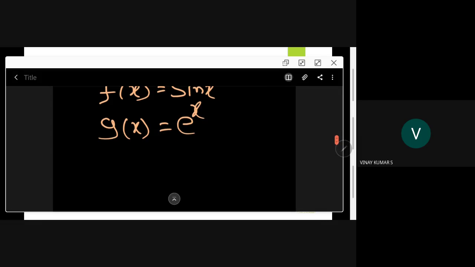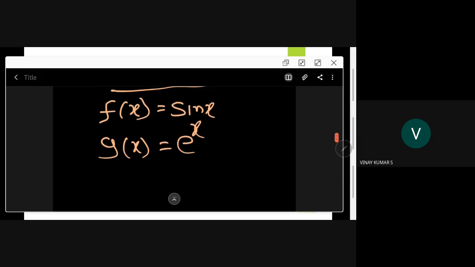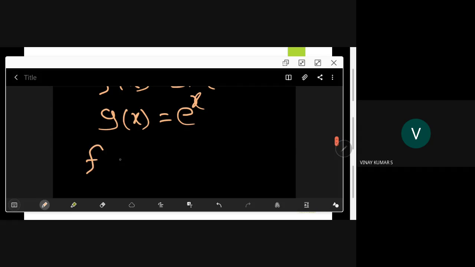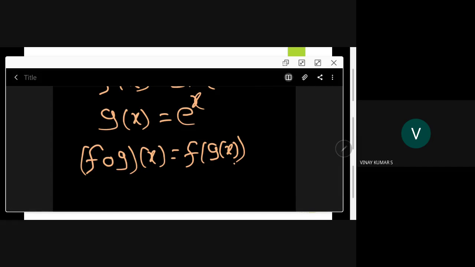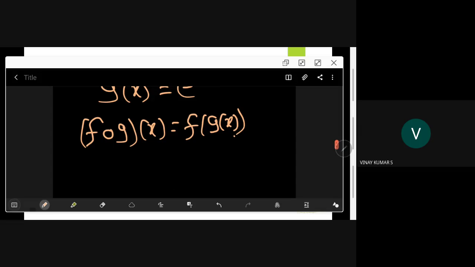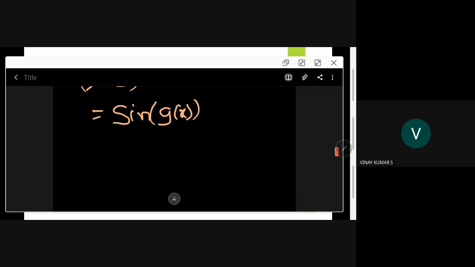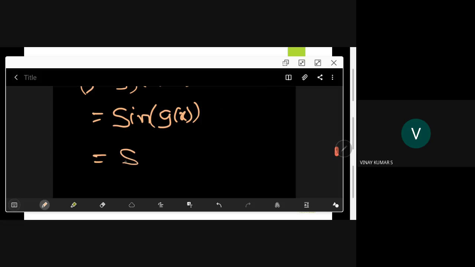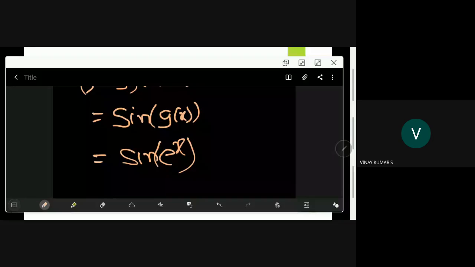Then we can talk about f circle g of x. What is this? It is called composition, meaning f of g of x. So our f of x is sin x, therefore this is equal to sin, and in place of x you have to put g of x. So this is equal to sin e power x. This we know.